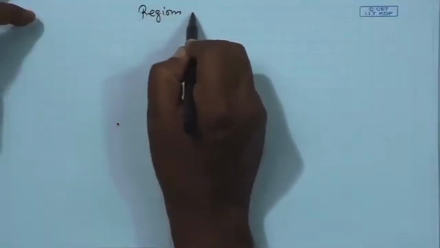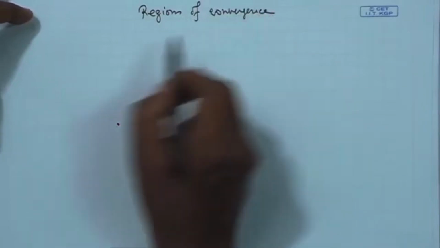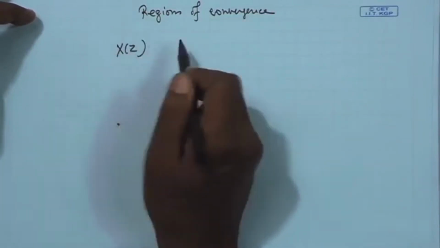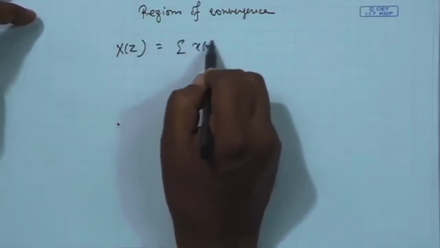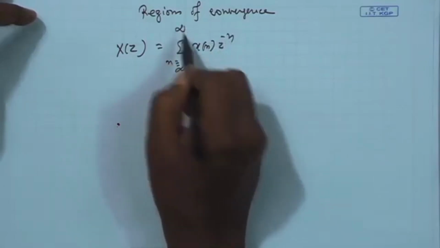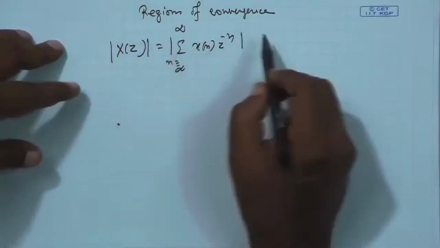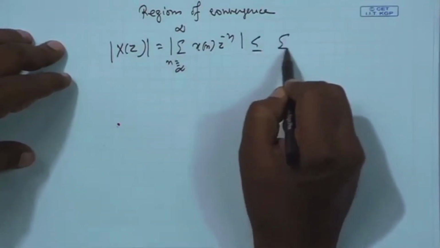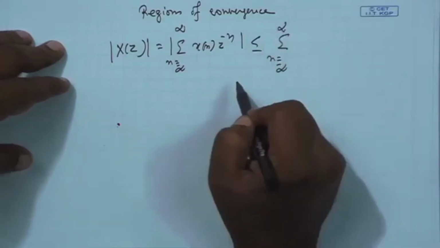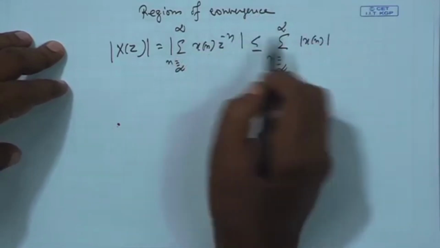Now, we talk about the convergence issues, in fact, we call them regions of convergence. Before that, consider mod X(z). It is a repetition of what I just told: mod of a summation is less than or equal to the summation of mods, and mod of a product is the product of mods, into mod of z to the power minus n.